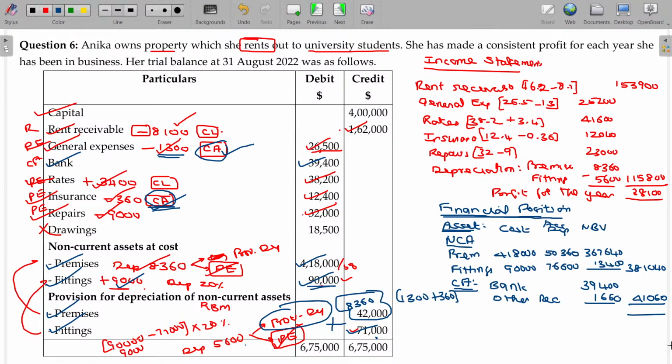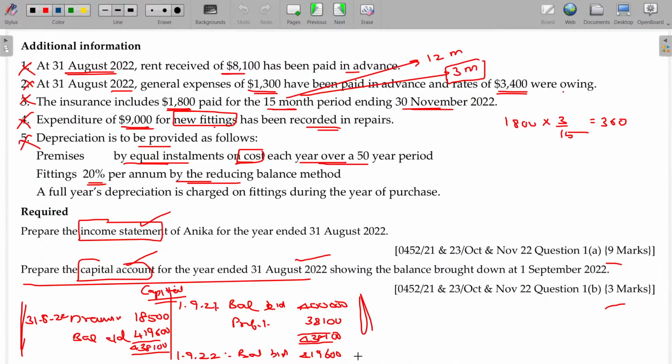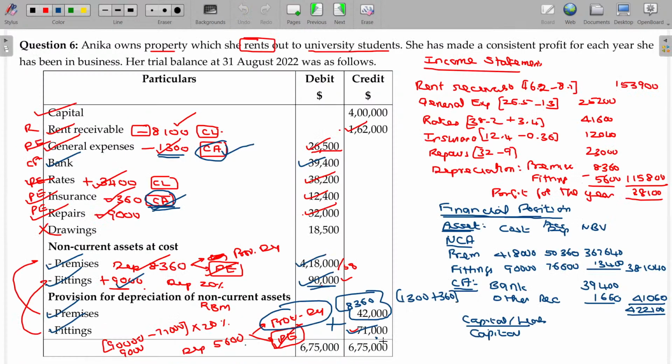Then total being 4,22,100. Now we'll go for the capital and liabilities. Second block. Under that we start with the capital. Already we prepared the capital account and we got the balance here being 4,19,600.